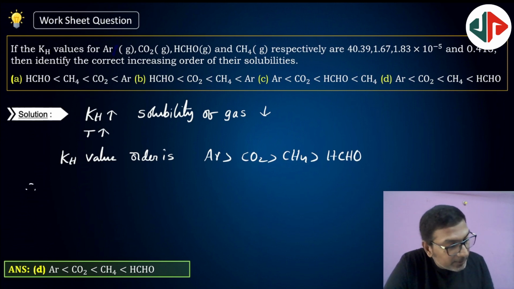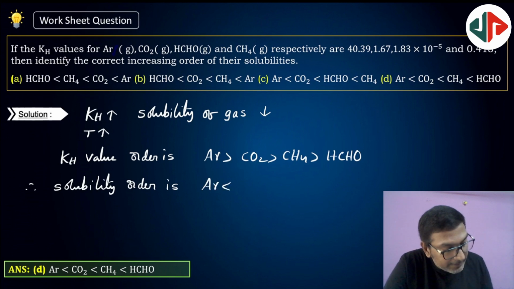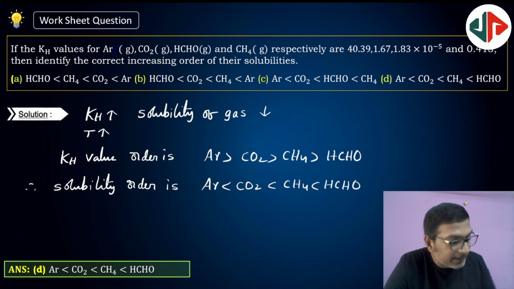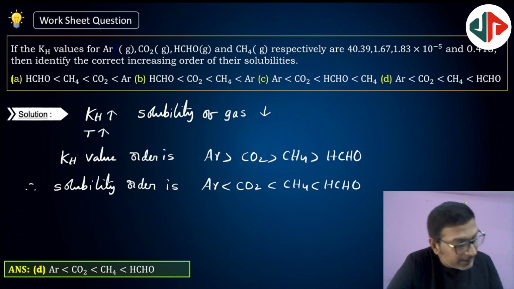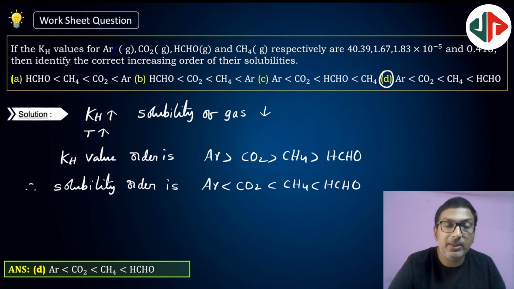So the solubility order is argon less than CO2 less than CH4 less than formaldehyde. So option D, argon, CO2, CH4 and formaldehyde.